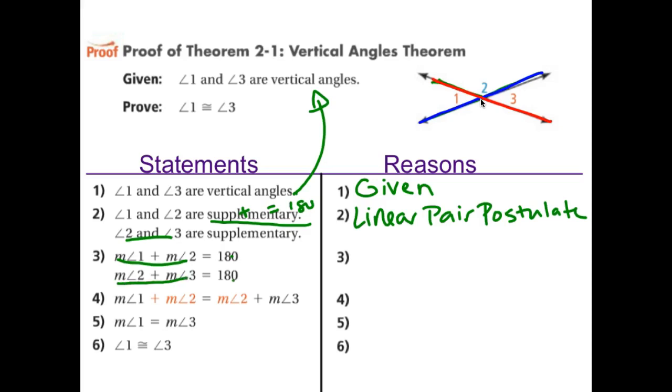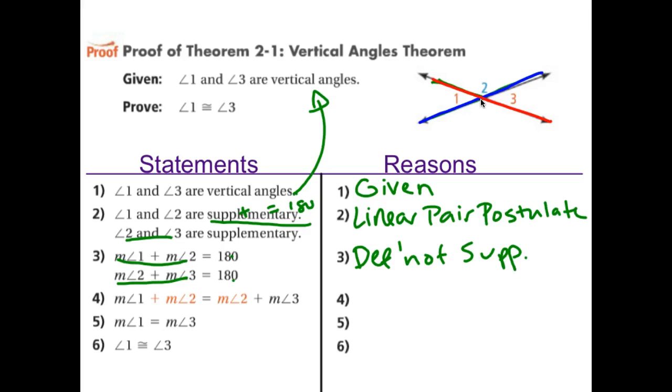So we said there's basically four different reasons you can give in a proof: postulates, properties, definitions, and theorems. And this one would actually be a definition. It's the definition of supplementary: two things add up to 180. And so that's how we would often get those equations set up.